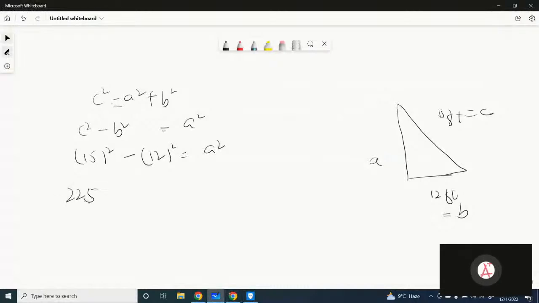It is 225 and minus 12 square is 144. Yes, it would be 81. Square root both sides, so it would be then A equals 9. Got it? So just select the correct option and click on the OK button.